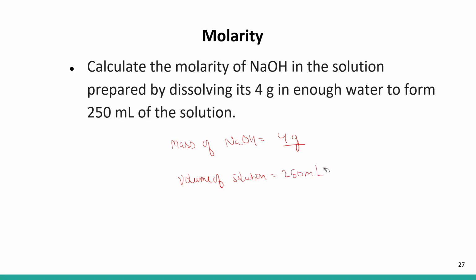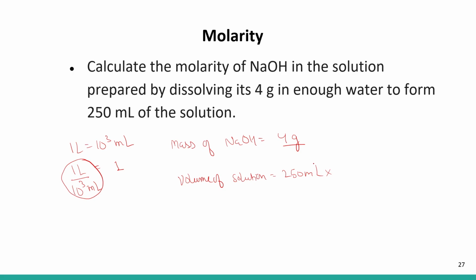So you can convert it using the unit factor. This will be your exercise to do, or I will do it here also. 1 liter is equal to 10 to the power 3 milliliter, so 1 liter by 10 to the power 3 milliliter is equal to 1. So this is the unit factor.